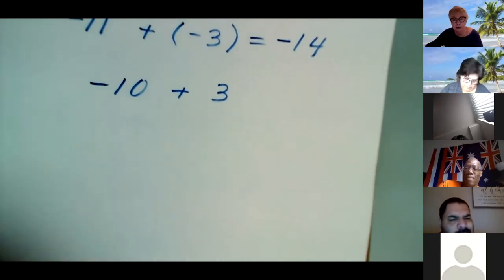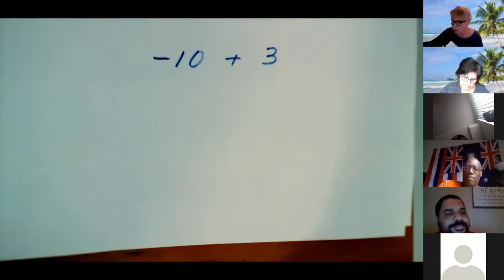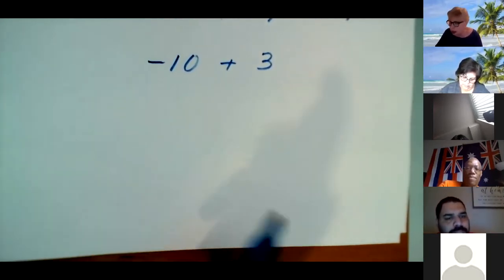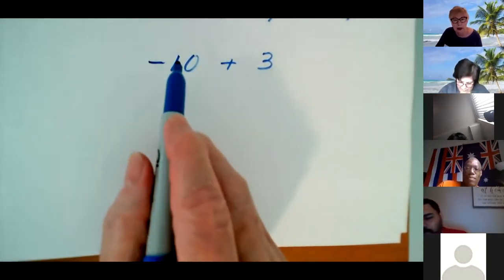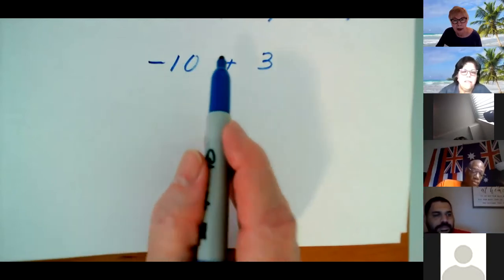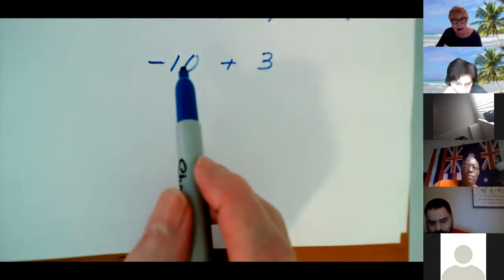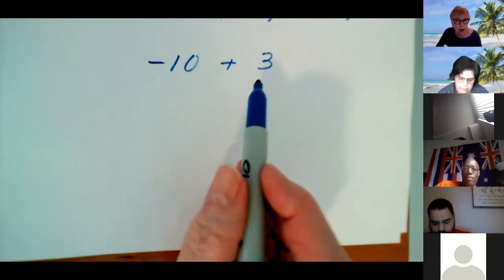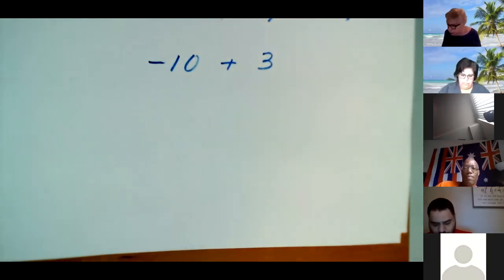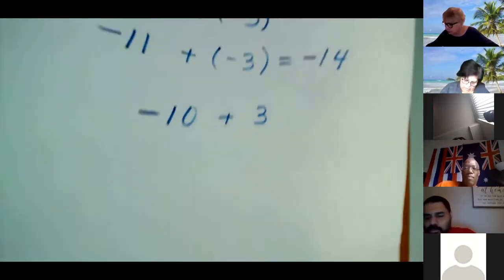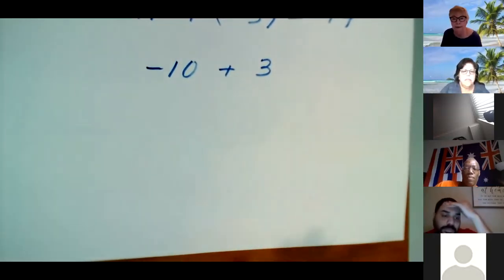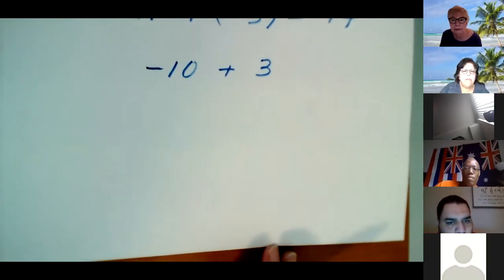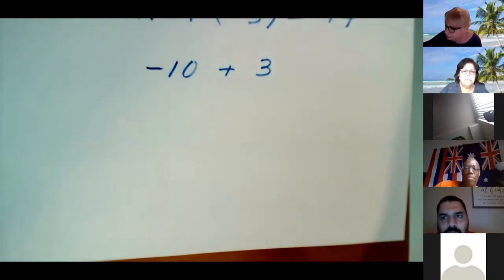Here's the next one. So if this is an addition problem, so if I had a -10, but then I added 3, these are going in opposite directions. So what do you do with the 10 and 3? I give you 2 choices, add or subtract. You subtract, right?